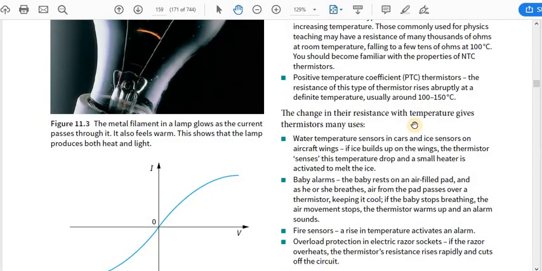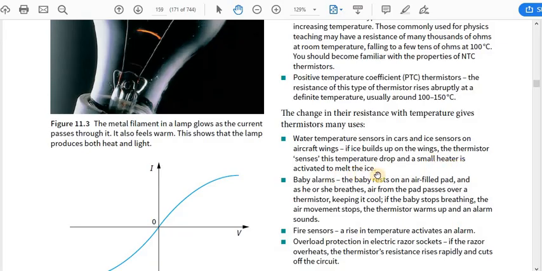Then the change in their resistance with temperature gives thermistors many uses. Here are some uses of thermistors. Water temperature sensors in cars and ice sensors on aircraft wings. If ice builds up on the wings, the thermistor senses this temperature drop and a small heater is activated to melt the ice.